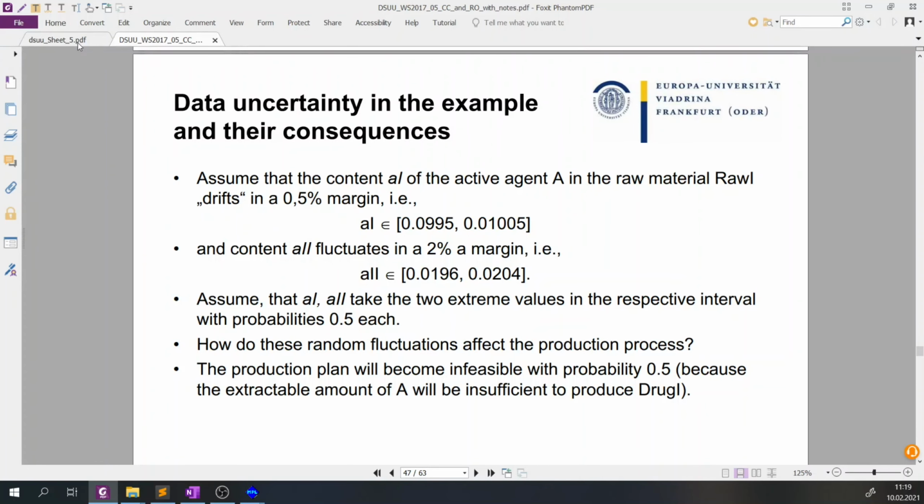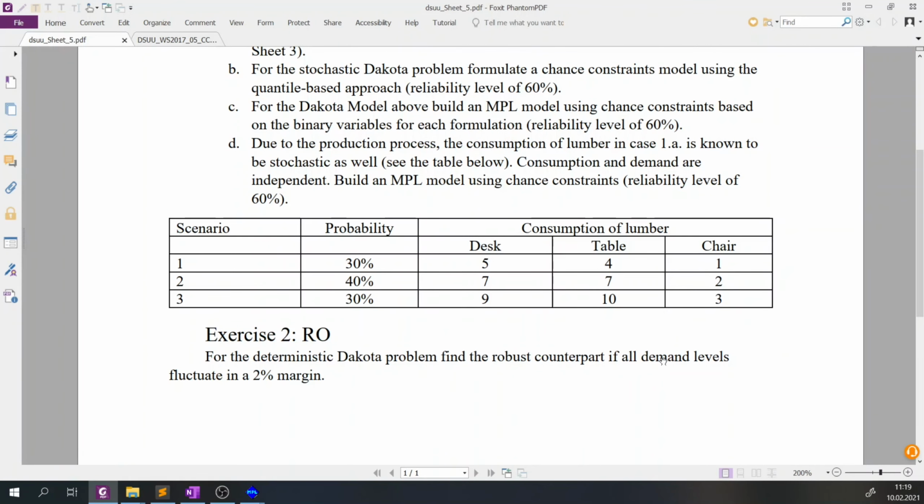The idea, as it's written here, is that some parameters fluctuate in some margins. So, for example, here you are asked about the robust optimization for the case when demand is fluctuating in the margin plus minus 2%.